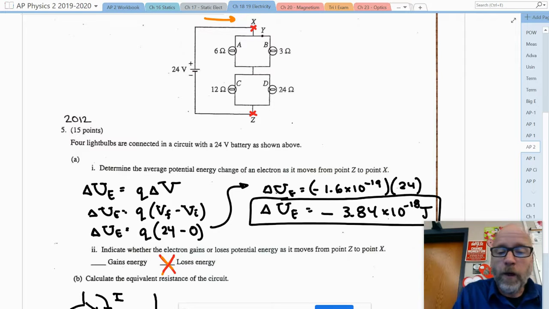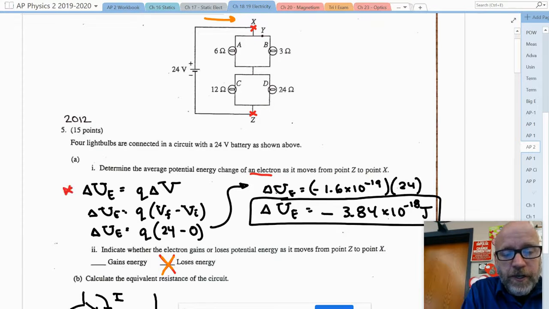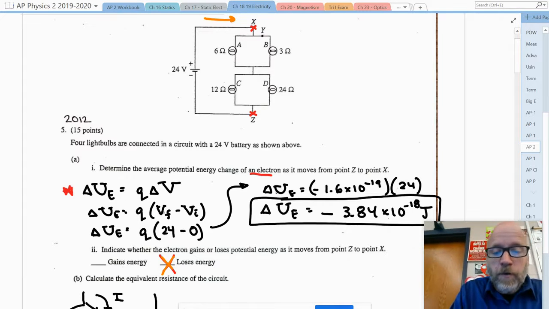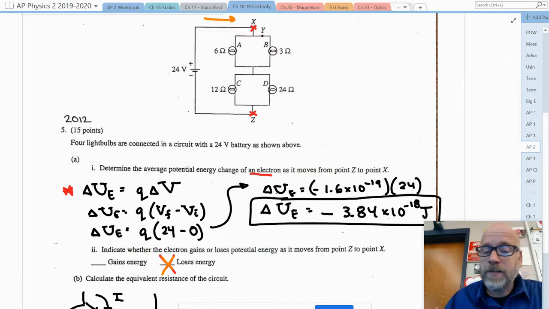Now, for one electron, we can say the change in energy is going to be Q delta V. Now, delta V is just going to be the voltage final minus the voltage initial. It goes from 0 to 24 volts.